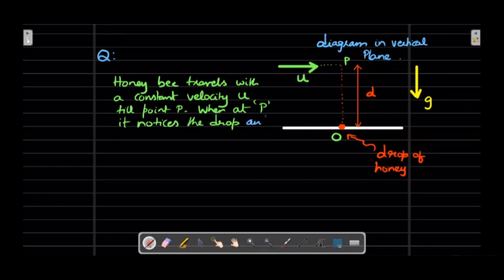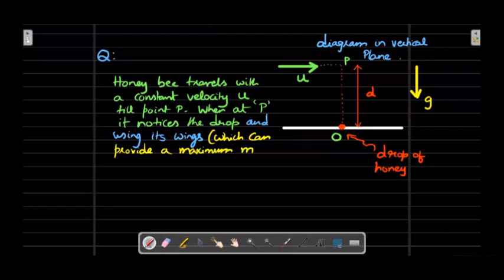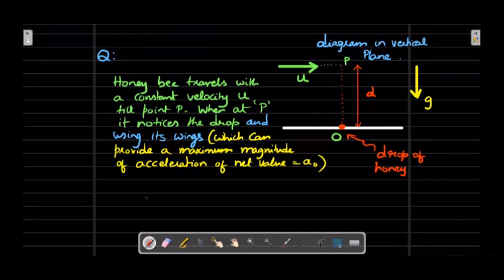And using its wings, which can provide a maximum magnitude of acceleration of net value a naught, including its weight and everything taken. Net acceleration that the honeybee can have is a naught.